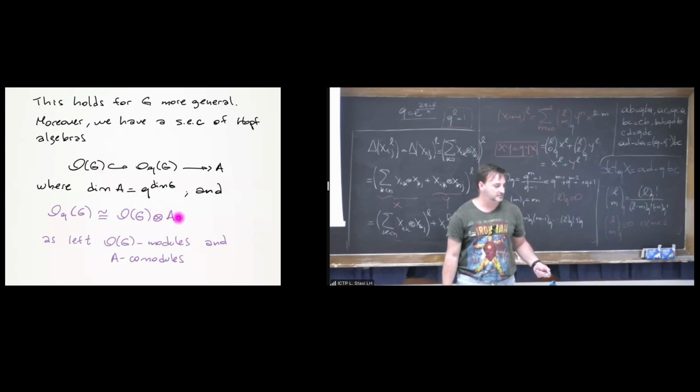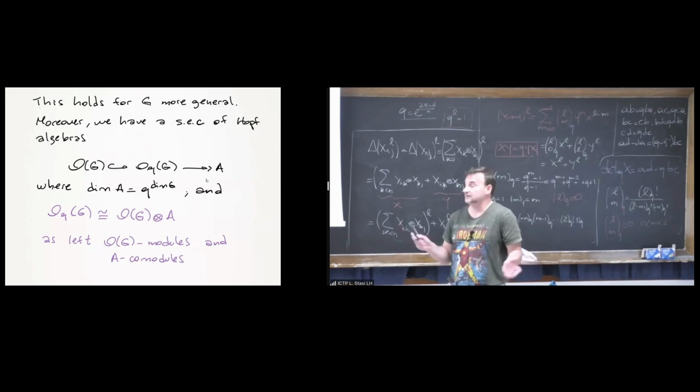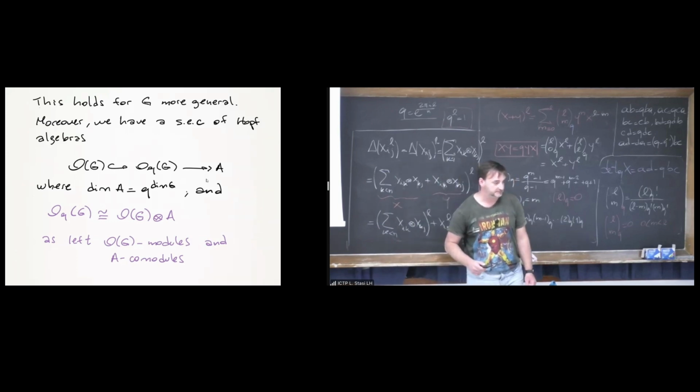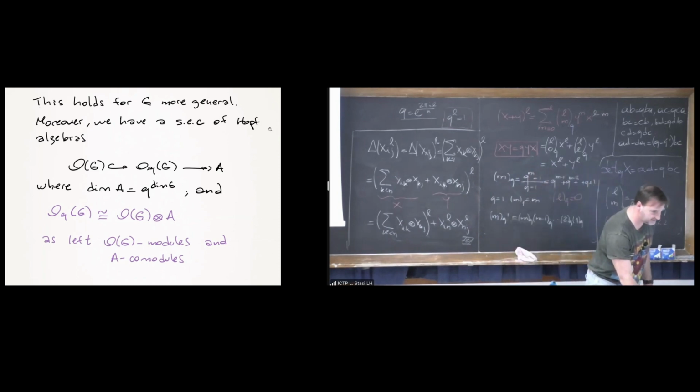So the quantum properties are encoded in this finite dimensional thing. And finite dimensional is very good for working. It's not infinite dimensional. Okay, are there any questions so far? Besides the two questions that I left.